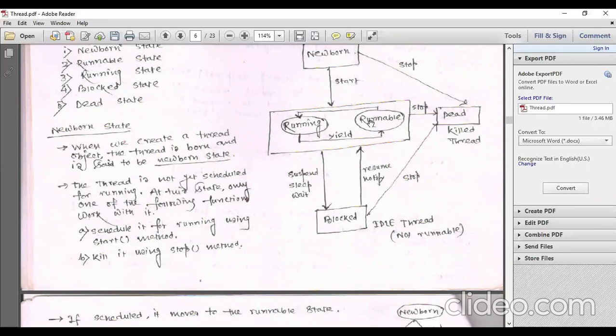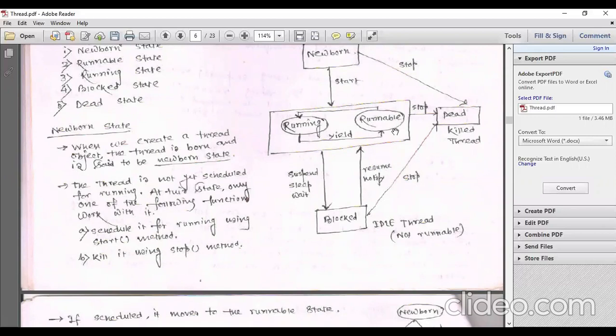The thread which is in the processor is in the running state, and the thread which has not yet got any processor but is waiting for the processor, maybe waiting in a queue, is in the state called runnable.